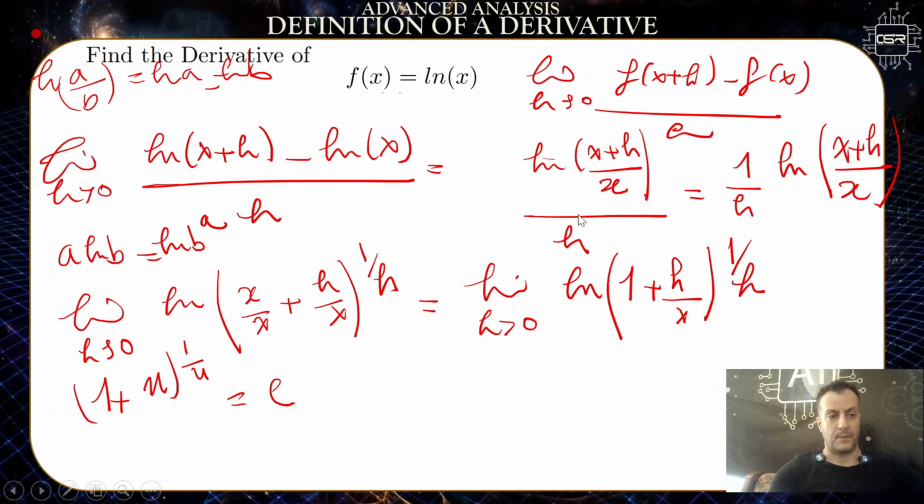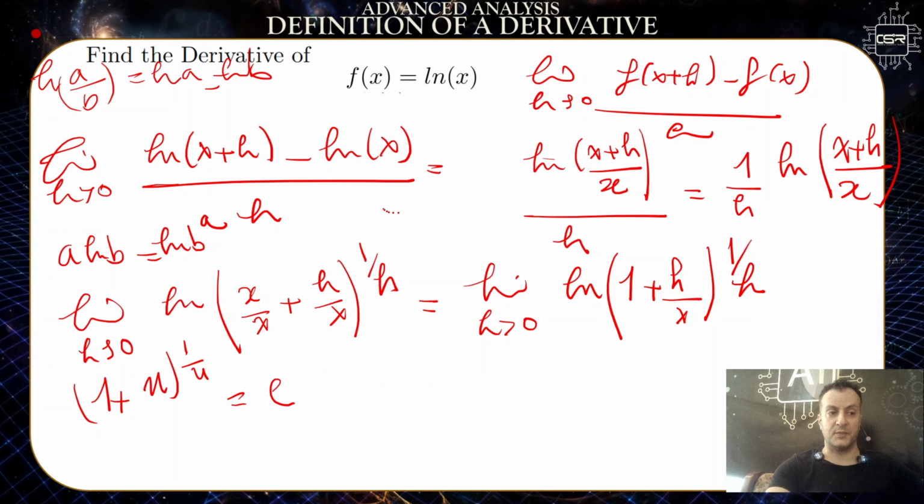Hence, you have 1 plus something, which is h over x. If it's to the power of 1 over something, which would be the inverse of h over x, in other words, x over h, that would become the exponential. Okay, so how do we obtain that?